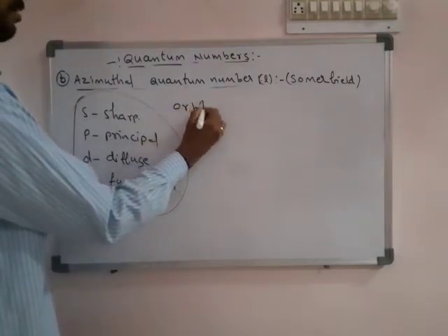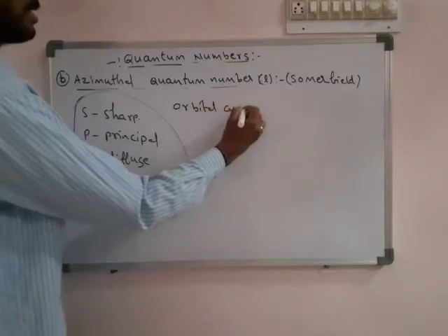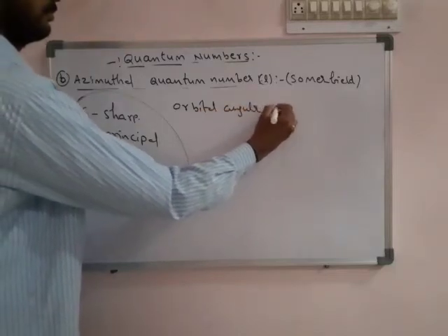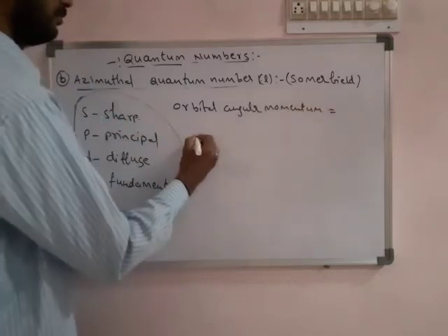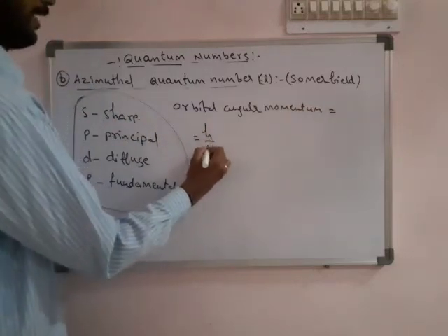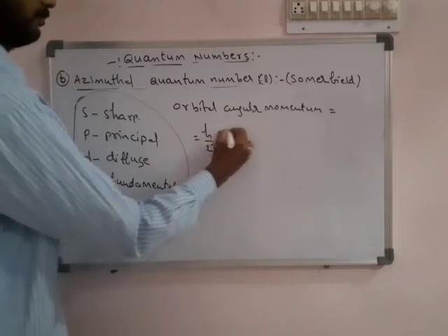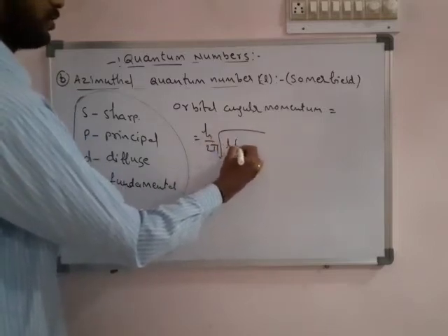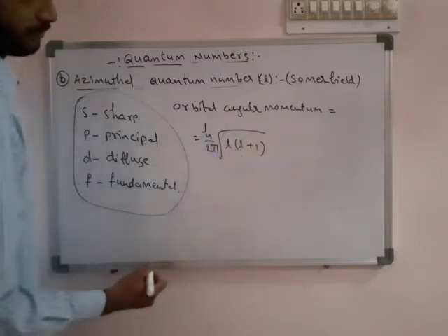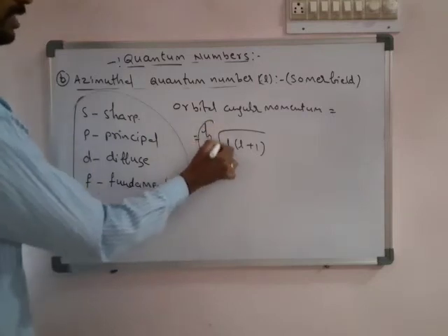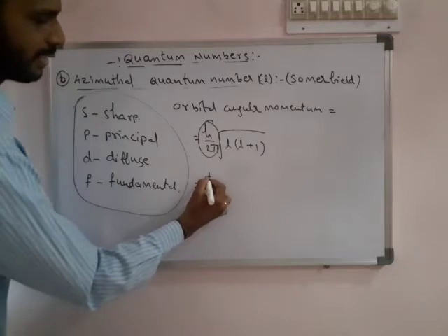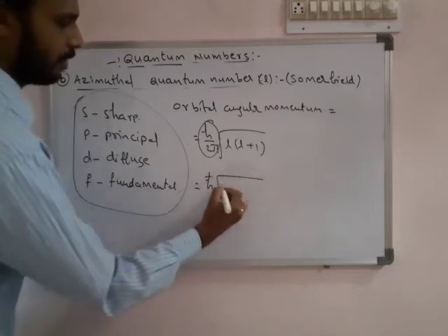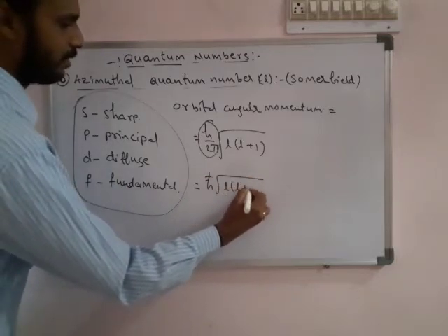That is, orbital angular momentum is equal to h by 2 pi times the root of L into L plus 1. In some books, in place of h by 2 pi, it is given as h bar, times the root of L into L plus 1.